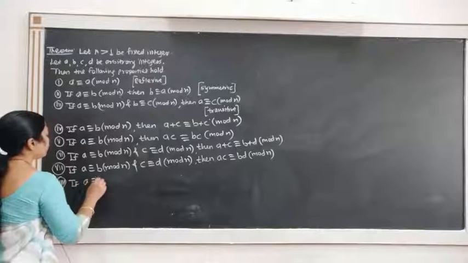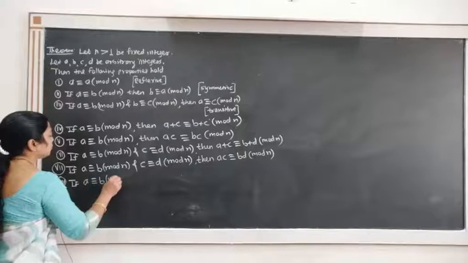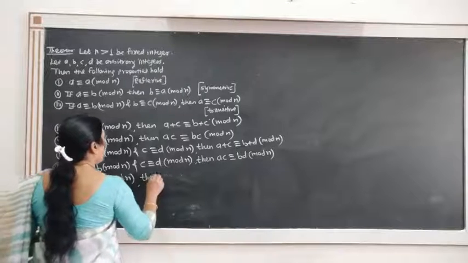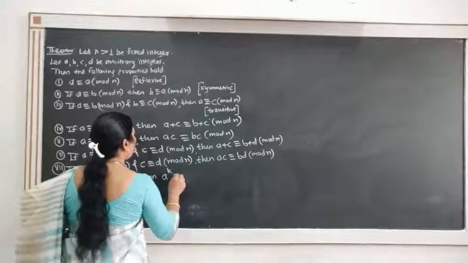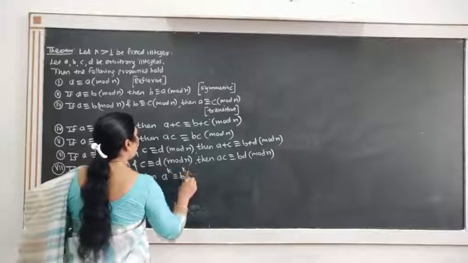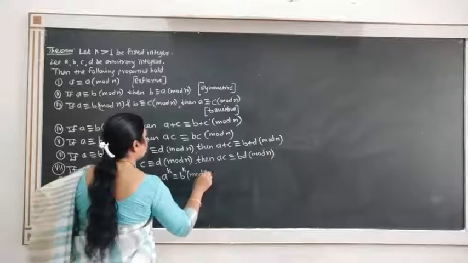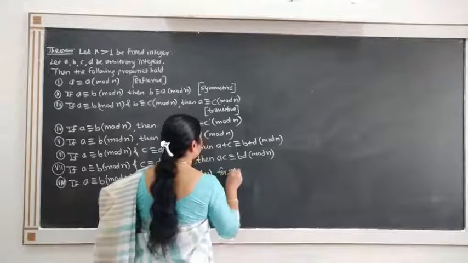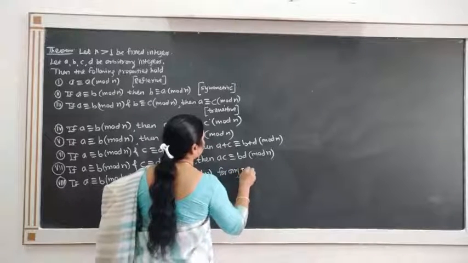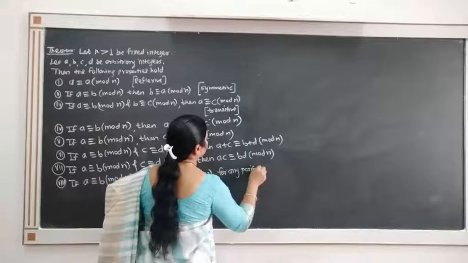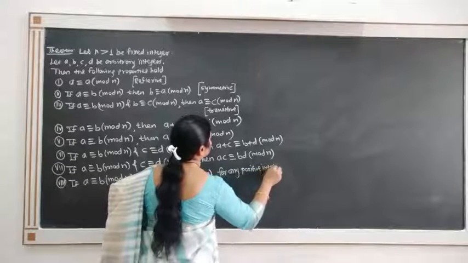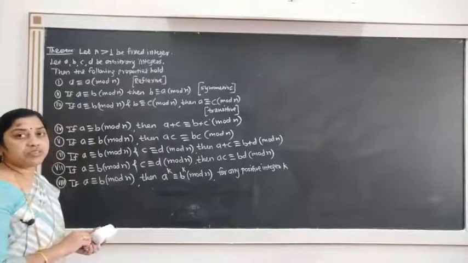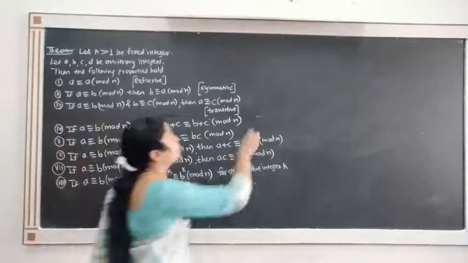If a is congruent to b mod n, then a raised to k is congruent to b raised to k mod n for any positive integer k. So we will see these properties of congruence one by one. Consider the first one.